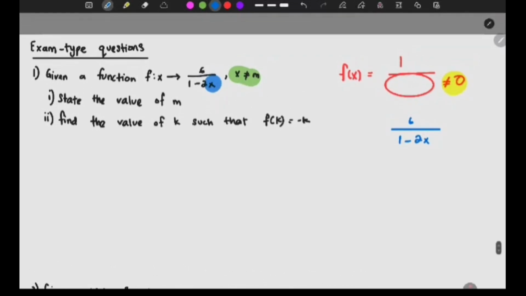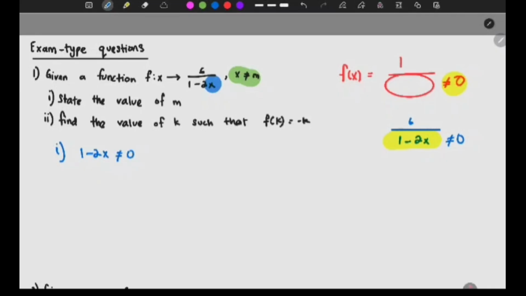So from here, you can find what is your m. So what you have to do, move your x one side, move normal numbers one side. So 2x you move it here, and 1 you maintain here, and then your x is 1/2, and then you shift this side, so you get a fraction.